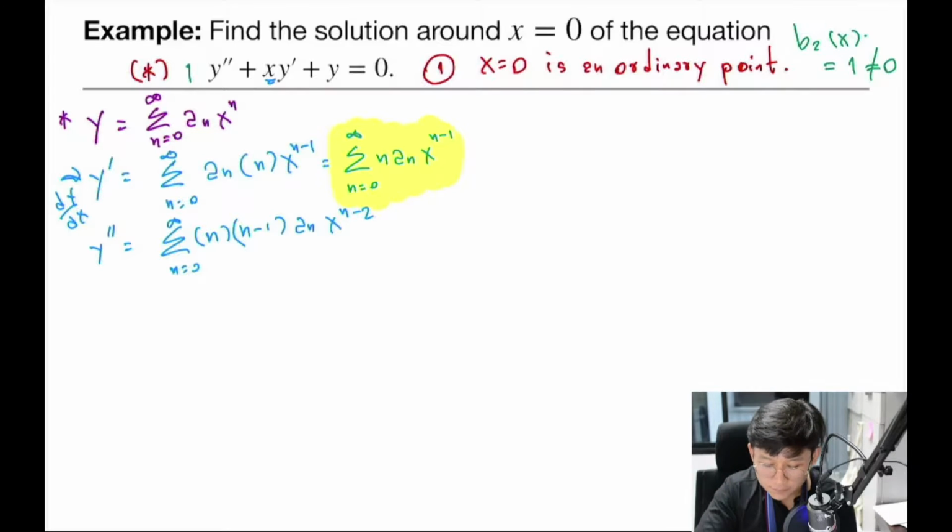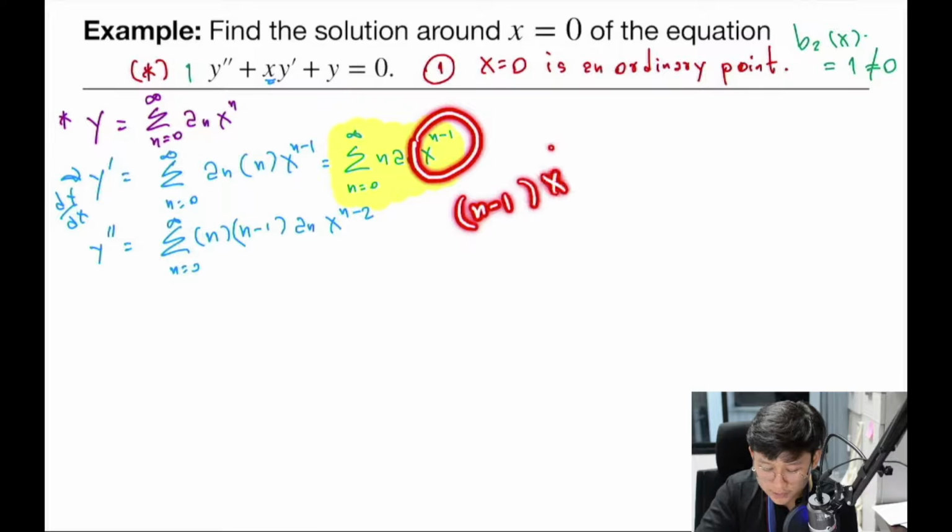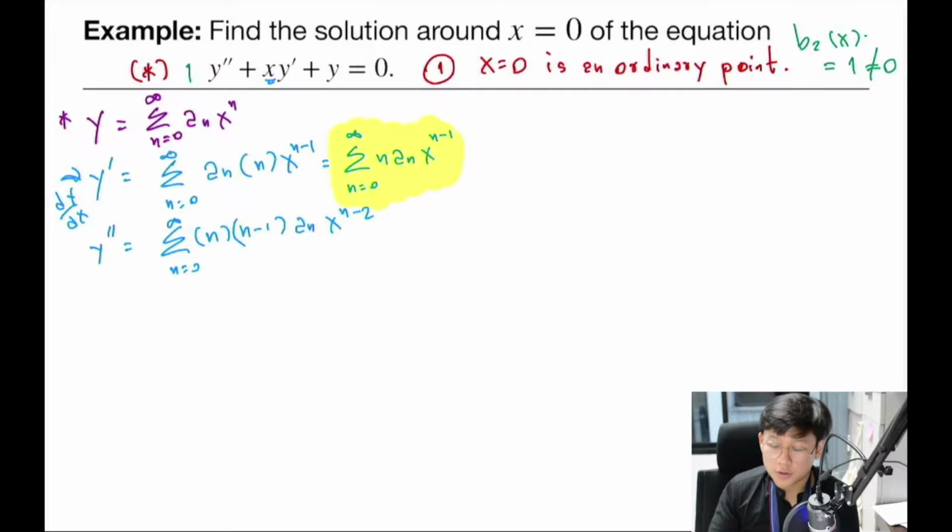Why? Because if you differentiate x to the n minus 1, you get n minus 1 times x to the n minus 2, and this n is here. Good. So right now we have y prime and y double prime.